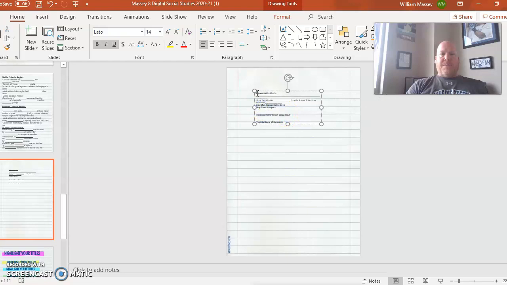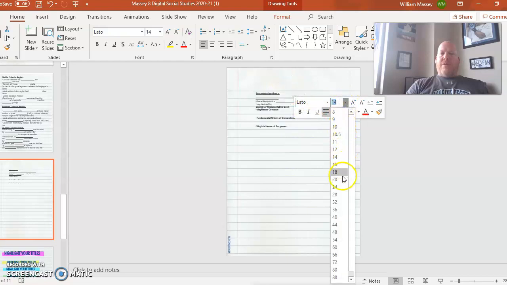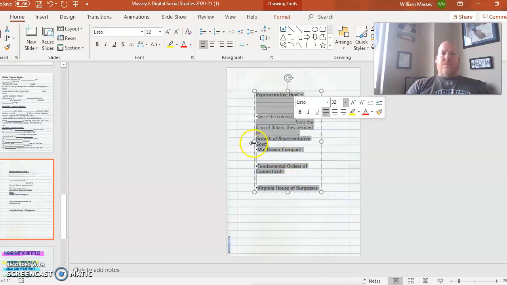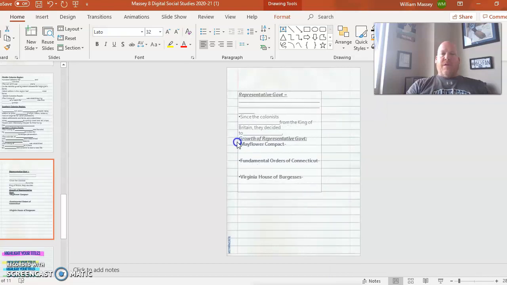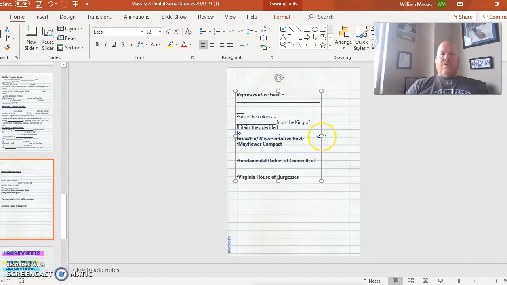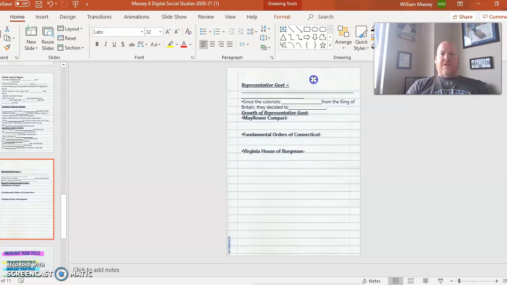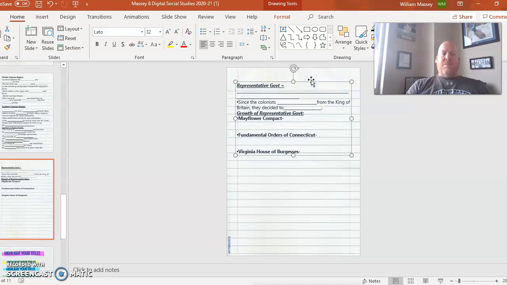I don't think I got that top line. Come on. There we go, got them all that time. I think we did 32 on our last notes for the font size. Let's squeeze these out, shift it up just a tad, and we're good to go.